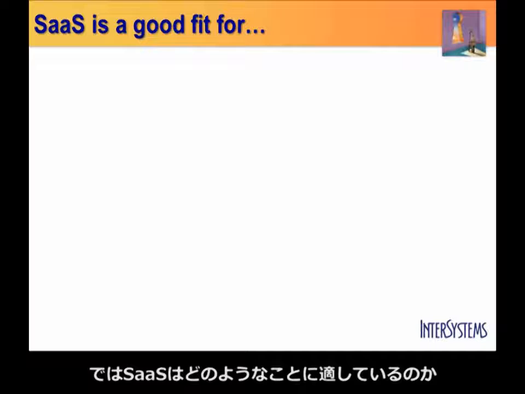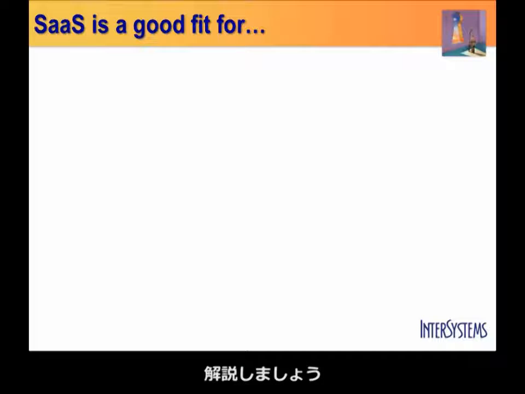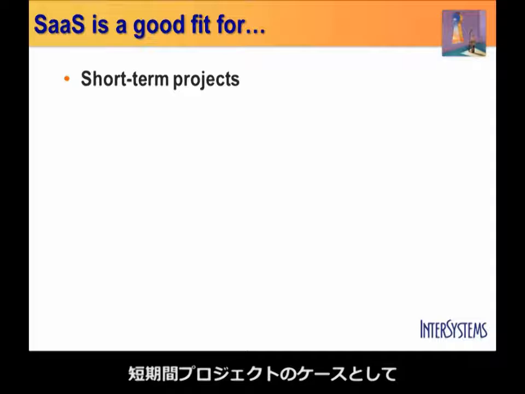So now let's talk about the things that software as a service makes sense for. There are some things that software as a service makes sense for, and some things which are not good to try with software as a service. If you have a short-term project, a really good example is some airlines around the world, like British Airways.